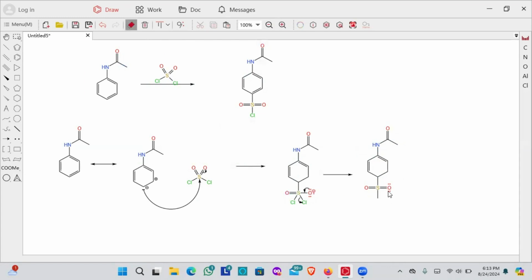There is no need to show the electron pairs right now, because they're not participating in any reaction.